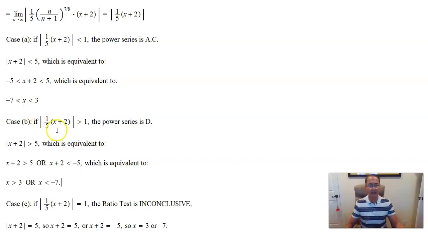But if the limit is bigger than 1, that is equivalent to x must be bigger than 3 or less than minus 7. But if the limit that we found is exactly equal to 1, the ratio test is inconclusive. So at 3 itself and at minus 7 itself, we don't know what is happening to our power series.